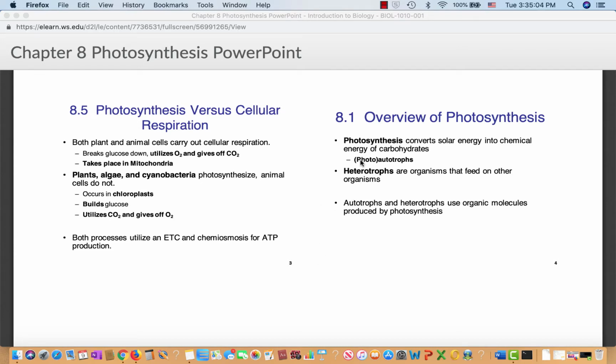There are some chemoautotrophic organisms that do weird things like use sulfur and radiation from rocks in order to carry out chemical reactions. Both autotrophs and heterotrophs use organic molecules produced by photosynthesis, which is why ultimately the sun is the source of all life on this planet.